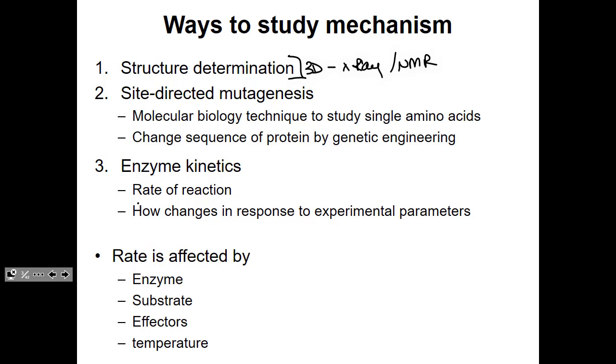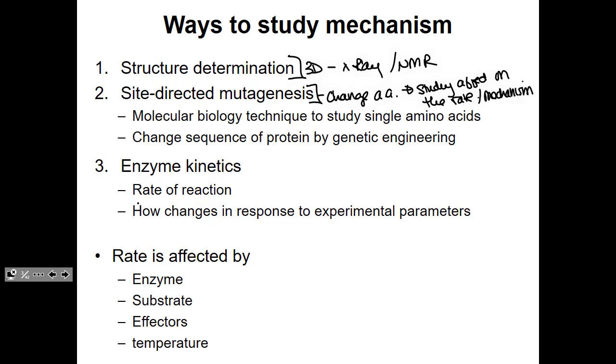We can also do site-directed mutagenesis, where we change amino acids and study the effect that change has on the rate, or mechanism in general.